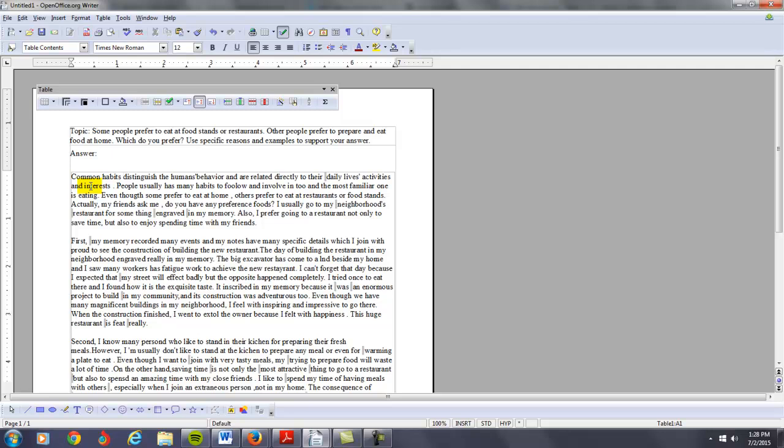Write this down. Okay, so distinguish humans' behaviors and are directly related to, I'm going to say this, to the activities and interests in their daily lives.